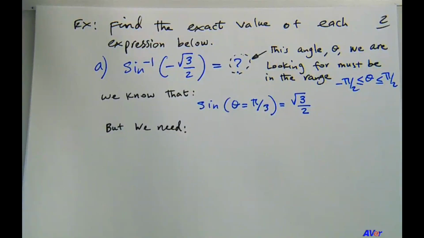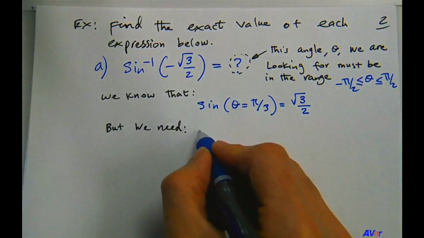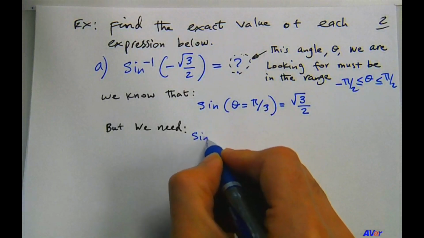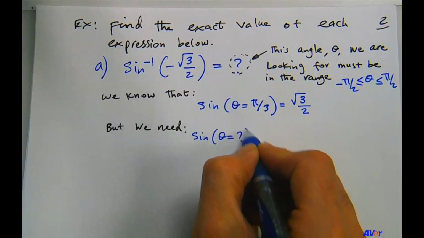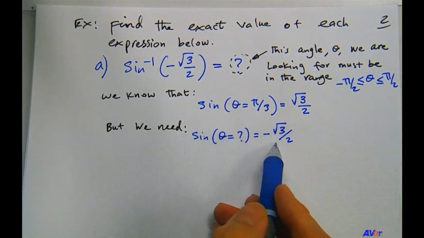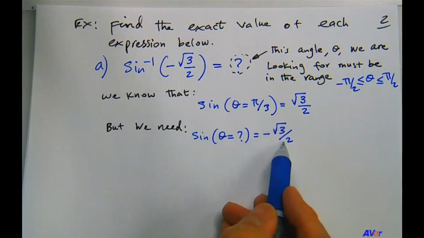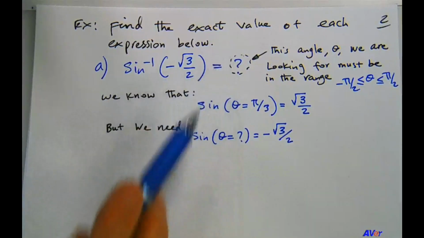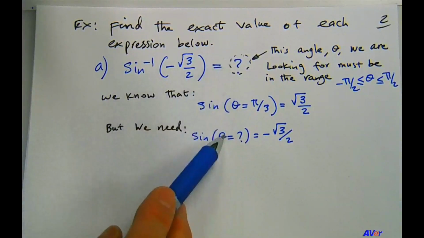But what we need is sine of theta equals question mark to be equal to minus square root of 3 over 2. So that angle would be the angle we're looking for.